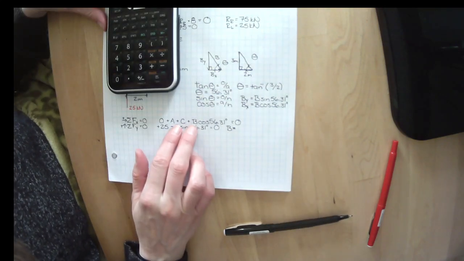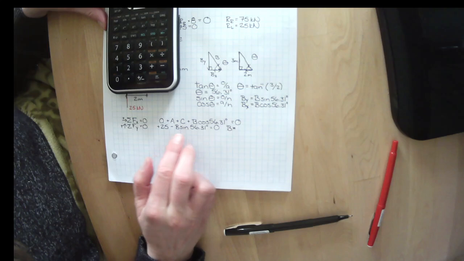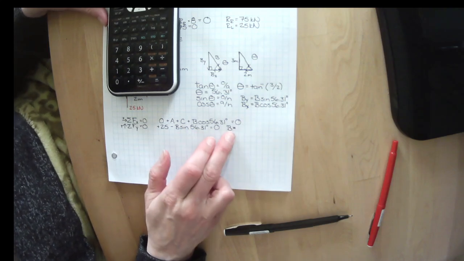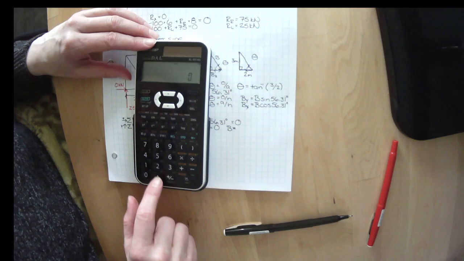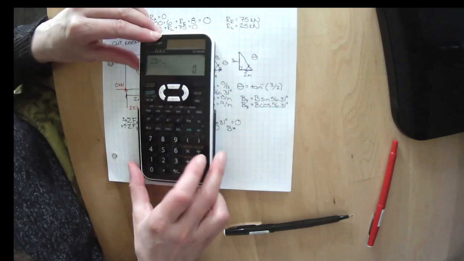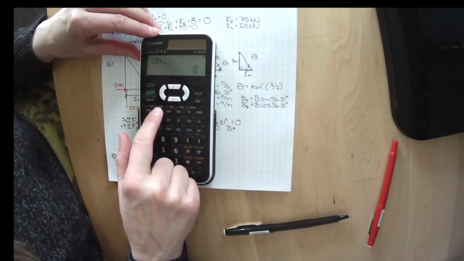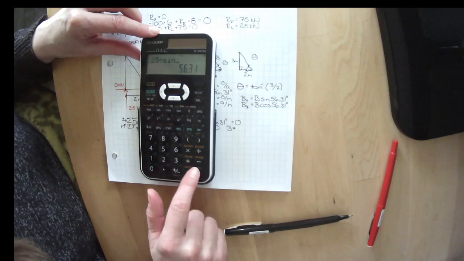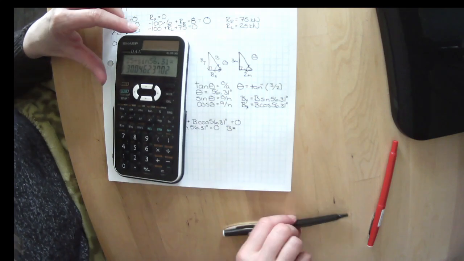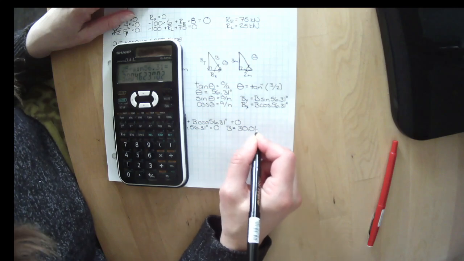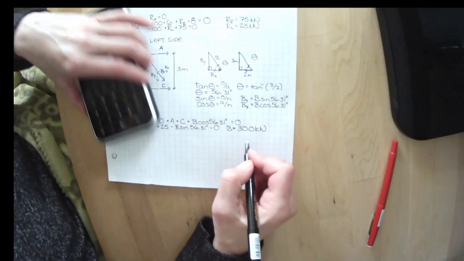So we could bring this over to the other side and divide 25 by the sine of 56.31, and we can solve for B. Or 25 divided by the sine of 56.31, and we get that B equals 30.0 kilonewtons.